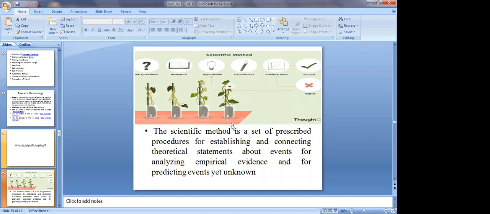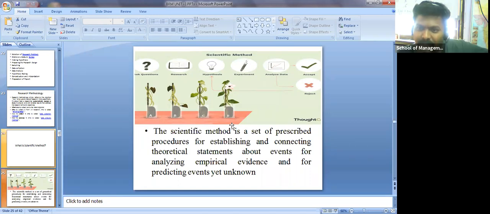C only, because to grow a plant we require water and sunlight. Maybe we studied this in childhood itself, in the science class. Our teacher told us. Clear? So what is the scientific method? The scientific method has a prescribed procedure, a systematic process.